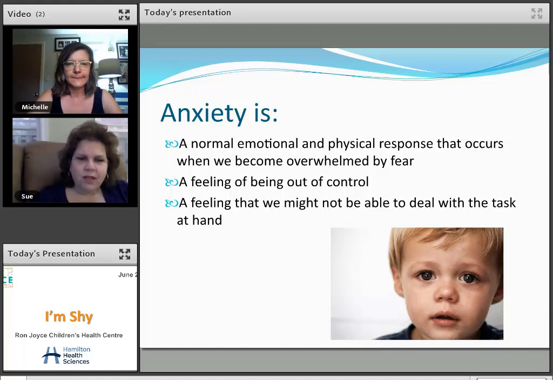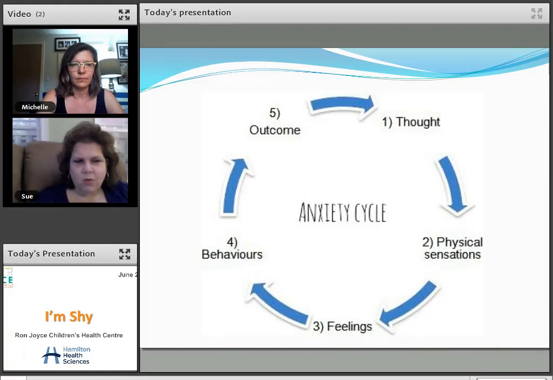If we're starting to become out of control, and we're not able to deal with the tasks at hand that are being presented to us, and the anxiety is stopping us from doing those things or participating, and we're now coming into this pattern of behavior that's all about avoidance, avoiding things and avoiding people and situations, now we have more of an anxiety disorder that's starting to develop, and it may be attaching itself to some of the other things that are going on, especially if you have selective mutism. So they can be going hand in hand with one another as well.